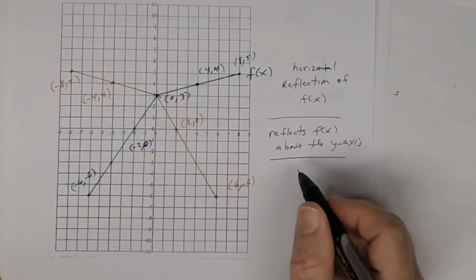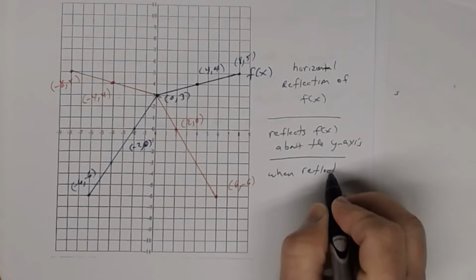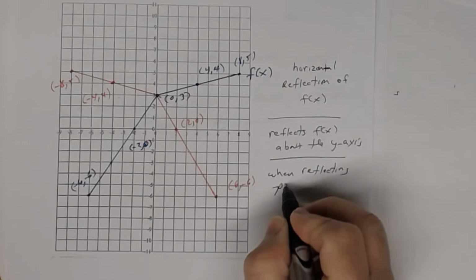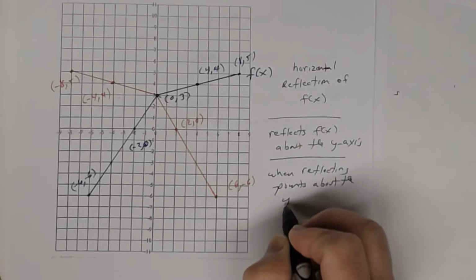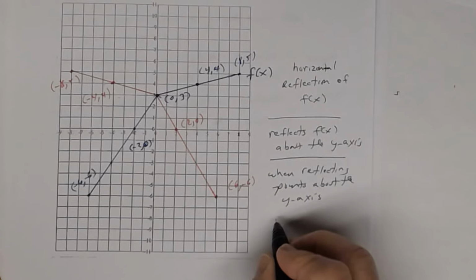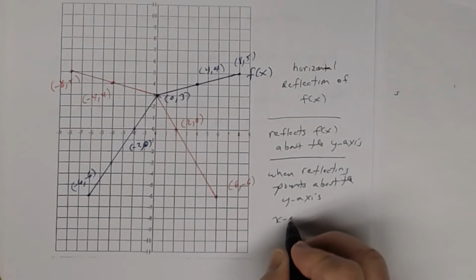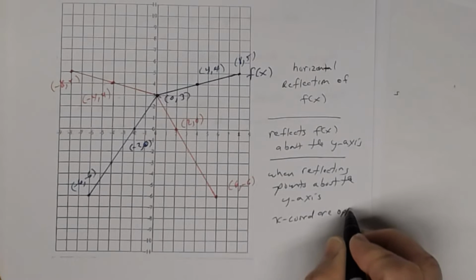When reflecting points about the y-axis, the x-coordinates are opposites.